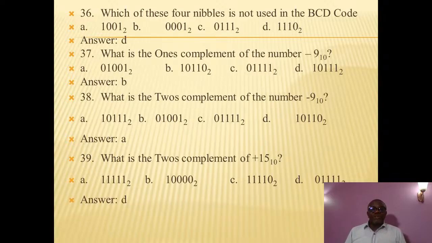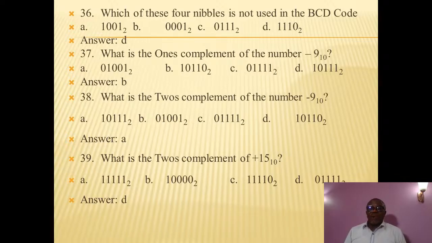Now, for you to do the 2's complement, because it is a positive number, you don't do anything to it.